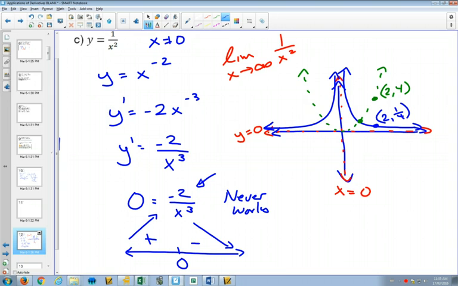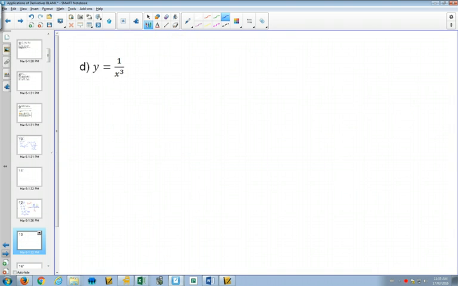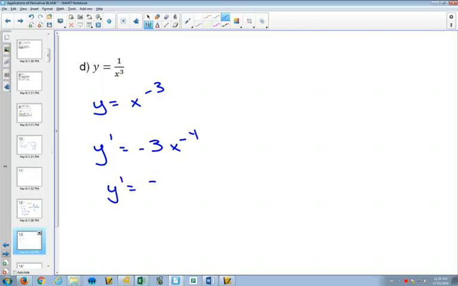But now we're looking at our critical points and seeing if it's increasing or decreasing. We still had to know things about asymptotes in order to draw this. So let's do it with x cubed. X cubed is going to be very similar, because when we take the derivative and write it as a fraction there, again, this never equals 0.